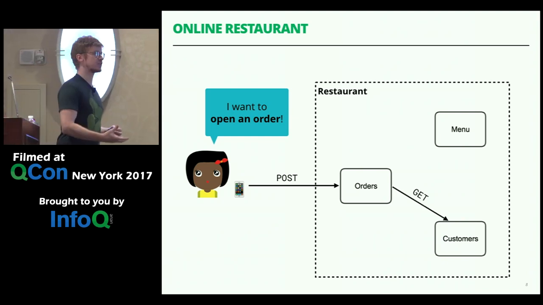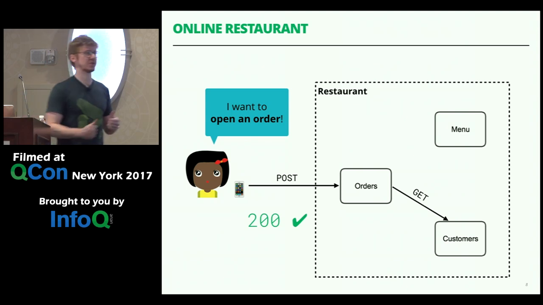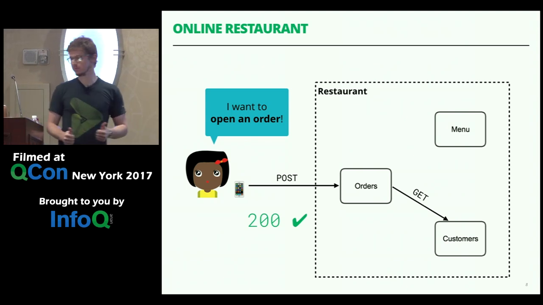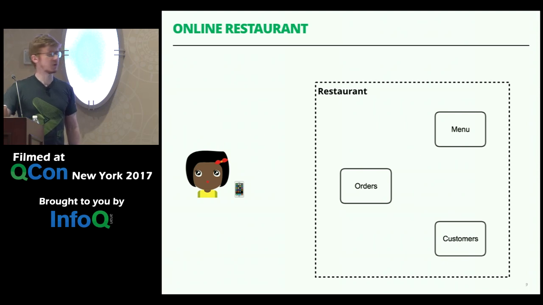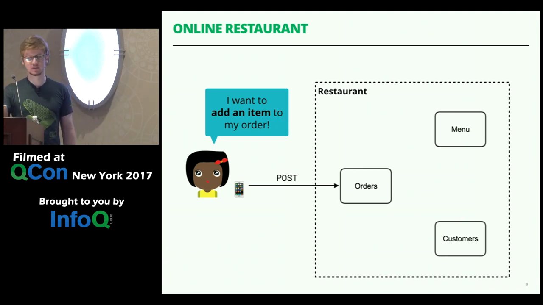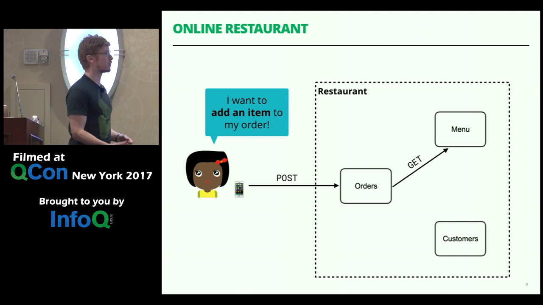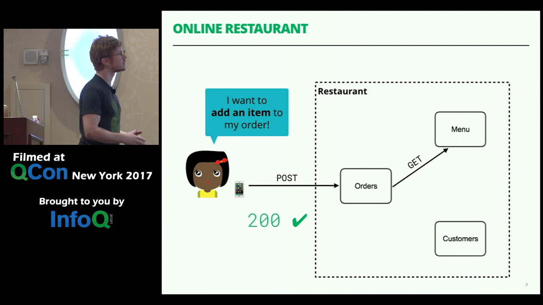Orders will have to fetch customer information from customers, and then fulfill the original request, returning a response. So a pretty simple workflow. Now, when the user wants to add an item to an existing order, it's pretty much the same. A post request to orders. Then orders needs to fetch information from menu and comes back with the response.